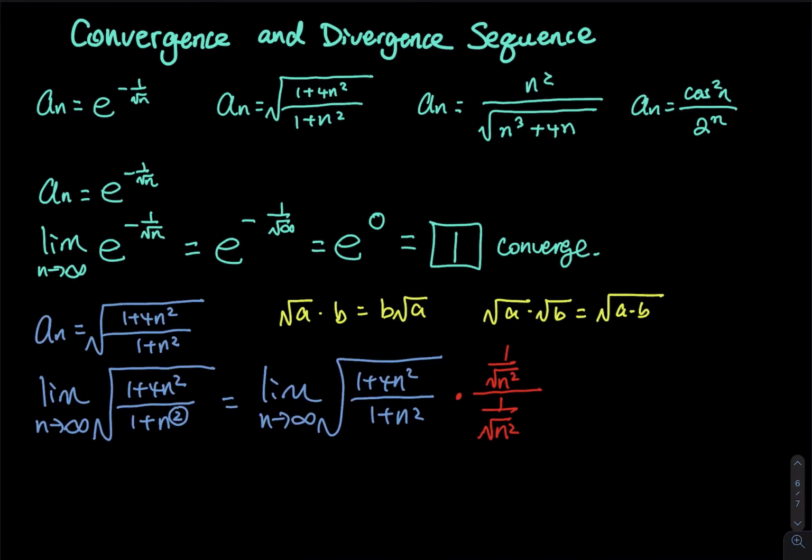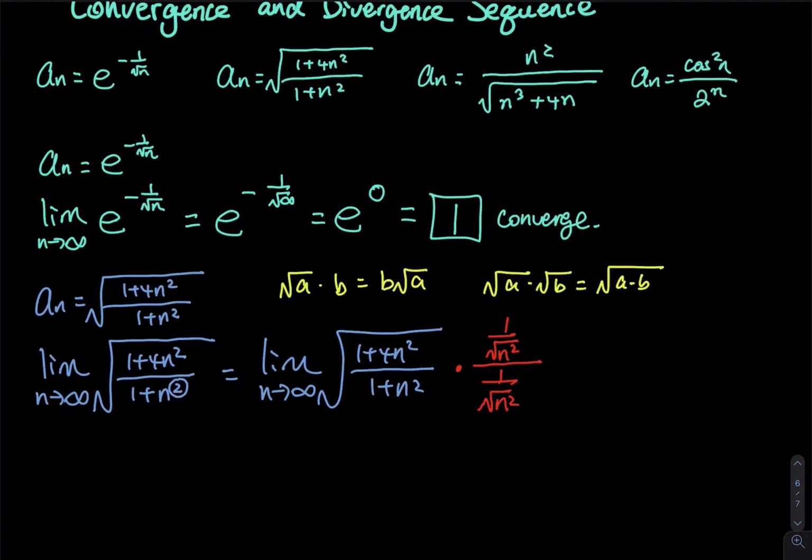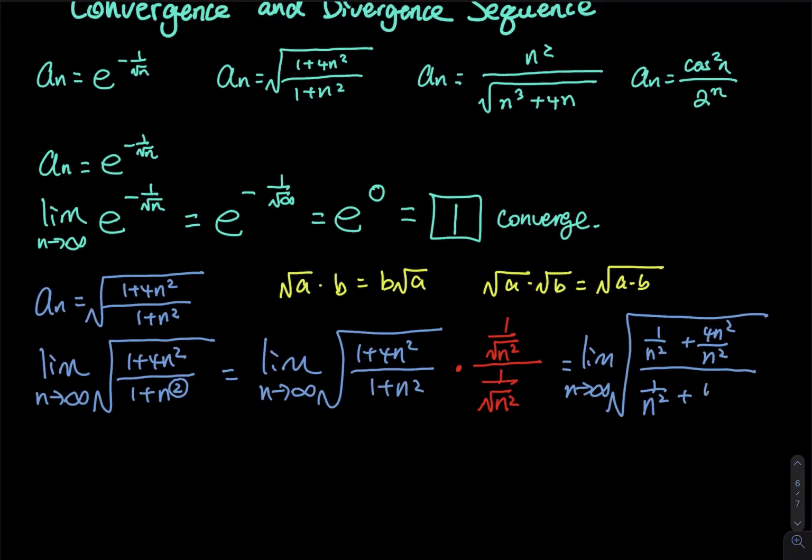Back to this problem. We have the limit as n approaches infinity, and then we draw a big square root. In the numerator we have 1 divided by n squared plus 4n squared divided by n squared. In the denominator, 1 divided by n squared plus n squared divided by n squared.